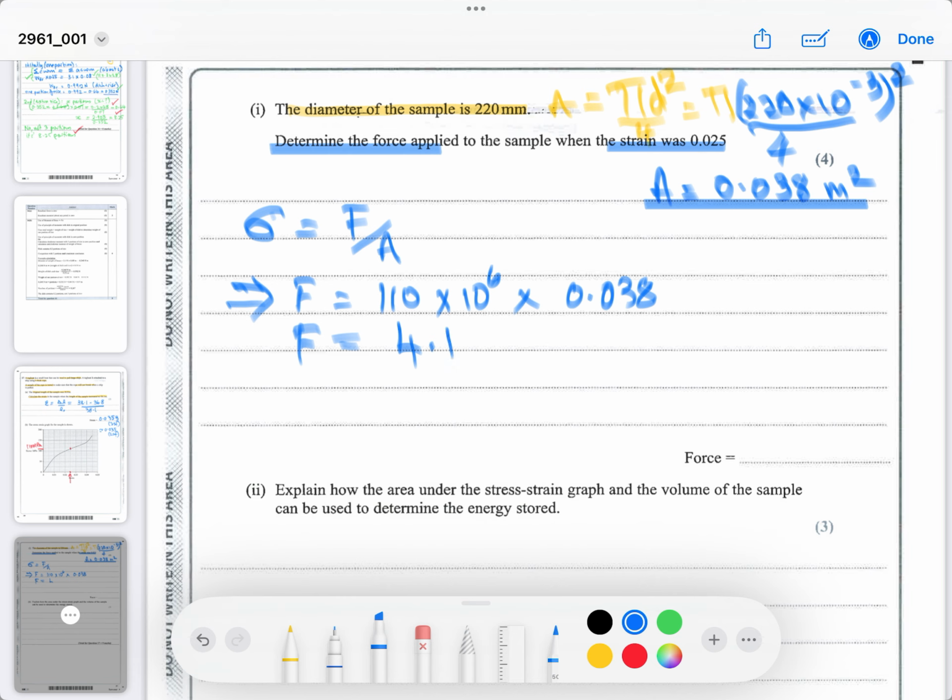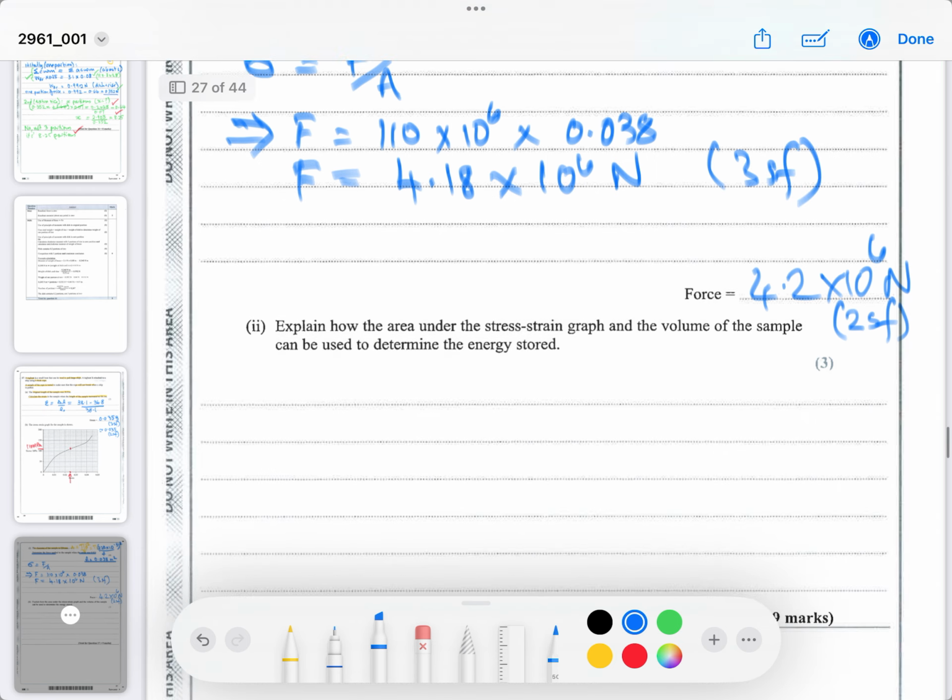And it gives you 4.18 times 10 to the 6 newtons. And you could put it to 4.2 times 10 to the 6 newtons. Don't forget your units, 2 significant figures, or you can leave it as 3 significant figures. I think 2 significant figures is better in this case.